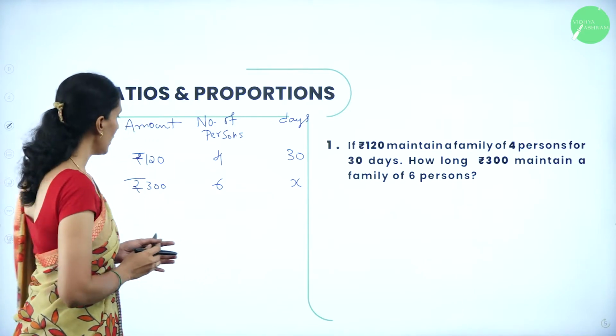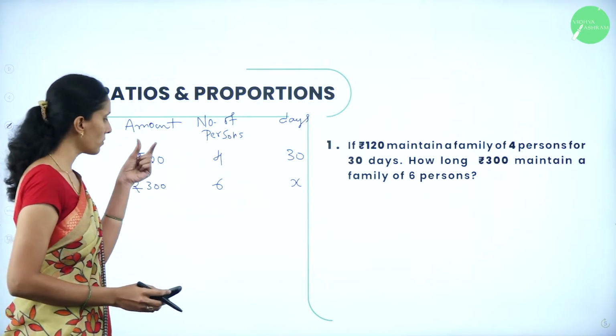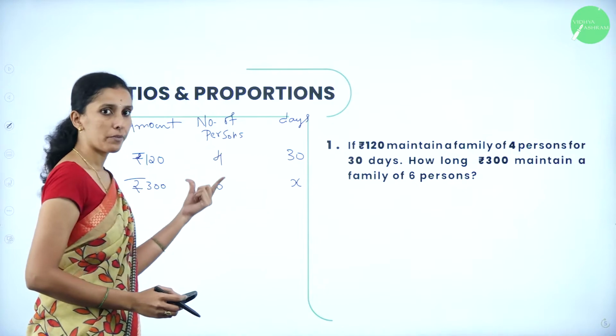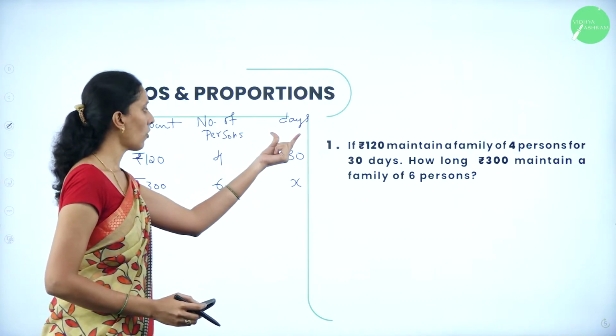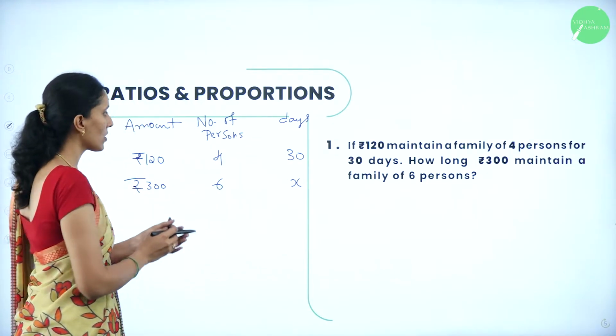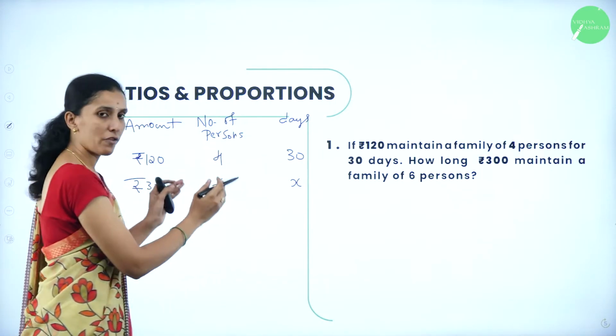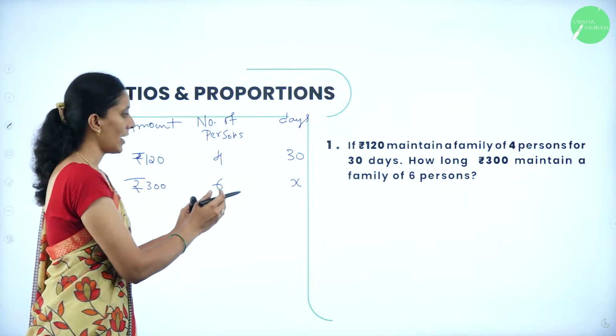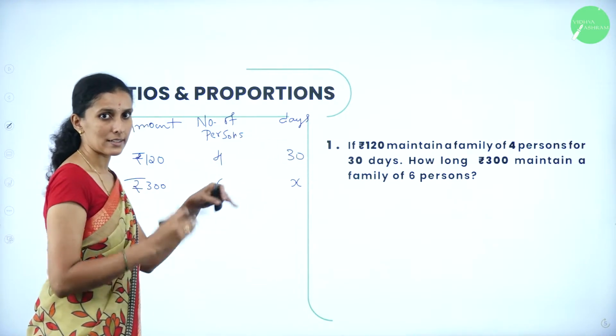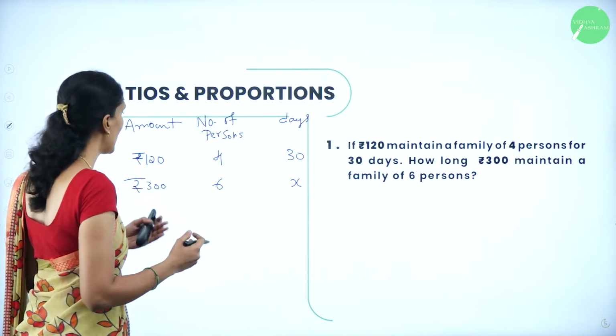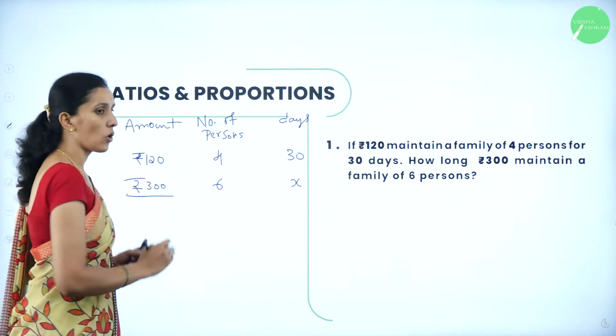So you can see if the amount is the same, 120, and number of persons increases, number of days will become less because the quantity for 4 persons remains till 30 days. When the number in a family increases to 6, then the number of days decreases. The quantity will get less. But here the amount is also increased.